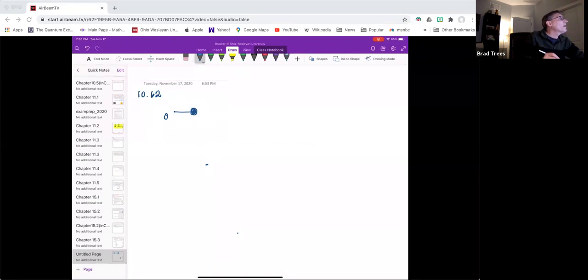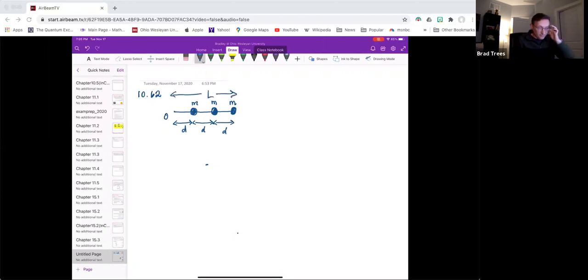There's one of the particles, mass M. Then the rod continues. And there's another particle, mass M, and then the rod continues. And then a third particle, mass M, at the very end. The distance here they call D, and here is D, and here is D, and this total length is L.